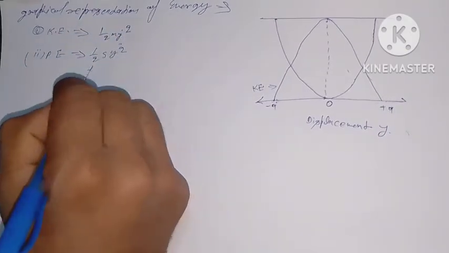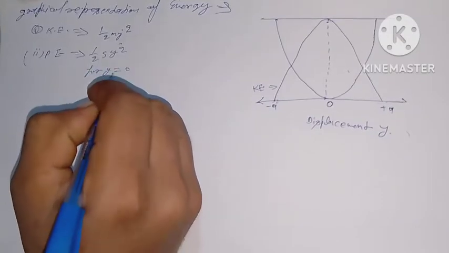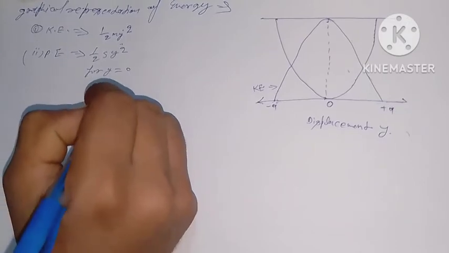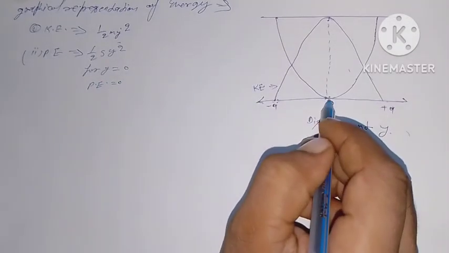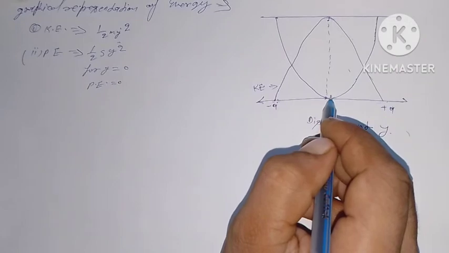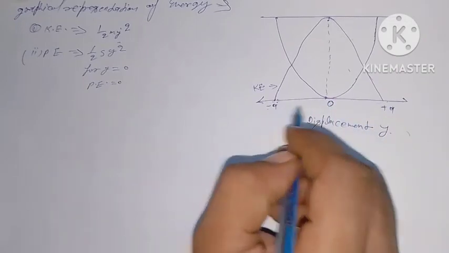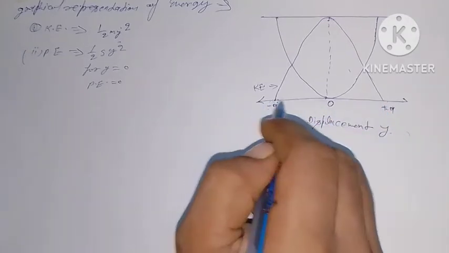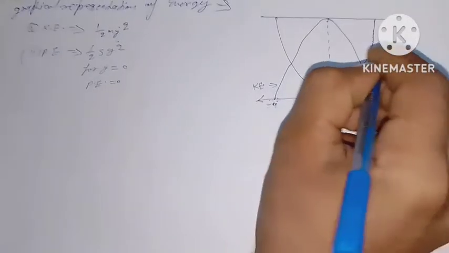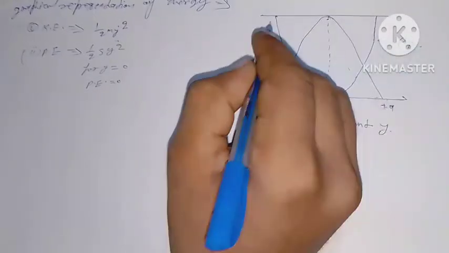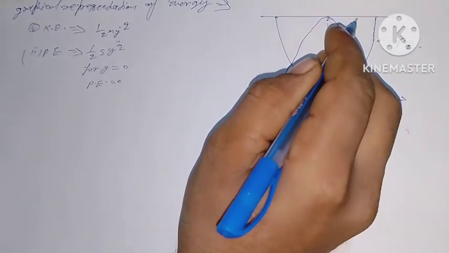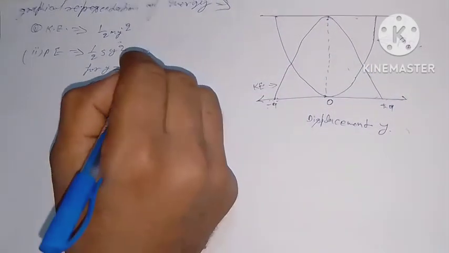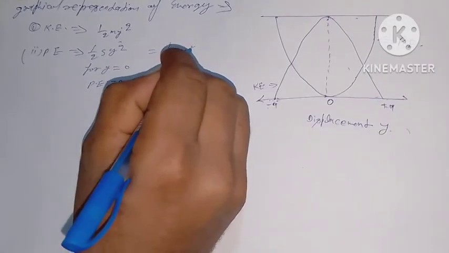For y equal to 0, the PE equals 0, and if y equals plus minus a, the PE is maximum, 1 upon 2 S a square.